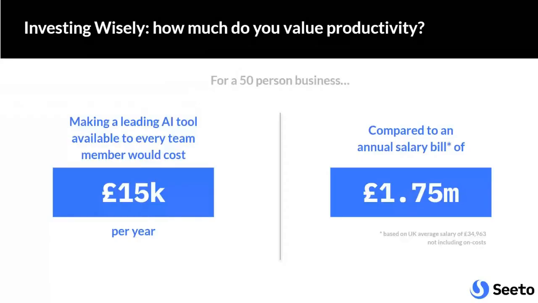So using average salaries across the UK for 50 people without on costs, it's about £1.75 million. So if you think that it's going to save you some time, that is the number that you need to properly compare it with, about how much extra productivity and efficiency am I going to get from team members. But obviously remember, it doesn't replace anyone. It is a tool to make them more productive.